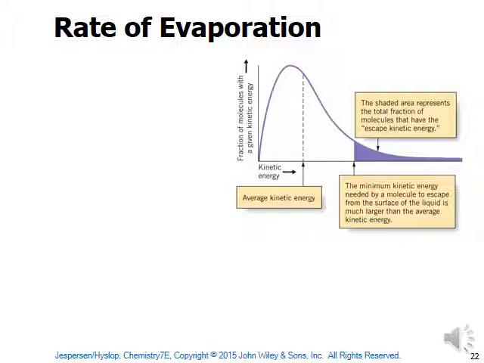Right, rate of evaporation. Okay, now let's take a look at this graph here. This graph is based on something called the Boltzmann distribution, which we talked about in Chemistry 1. So this curve here is a population of particles at some given temperature, and this is a distribution.